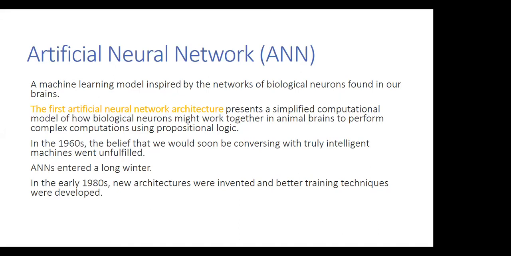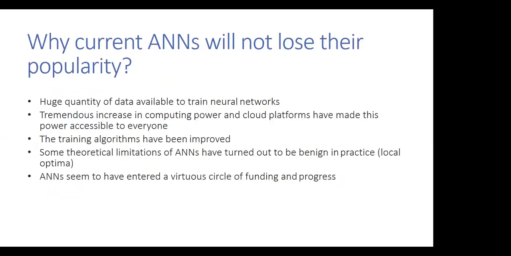And in the early 1980s, new architectures were invented and better training techniques were developed. So again, artificial neural networks found their popularity. This is why current artificial neural networks will not lose their popularity.